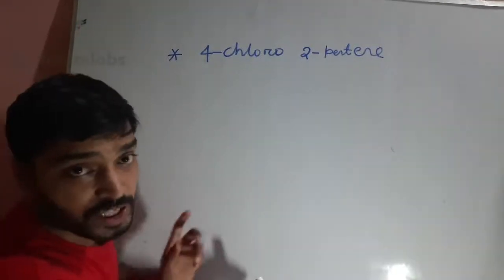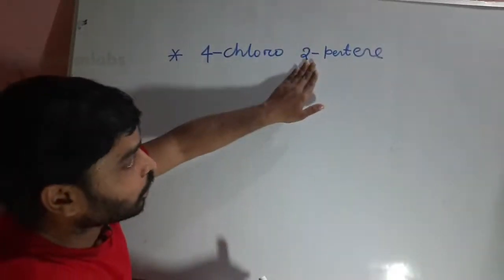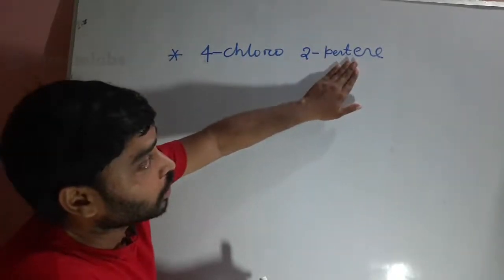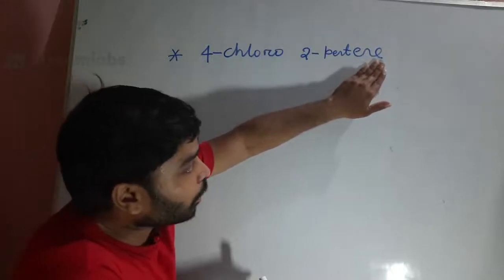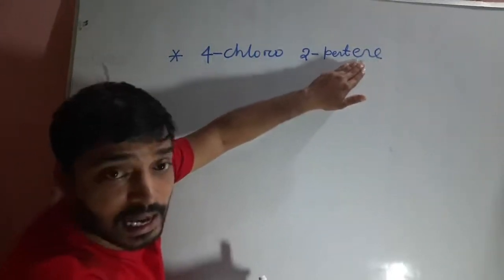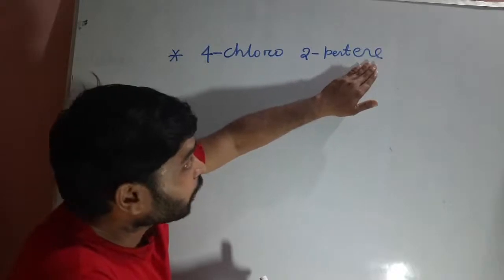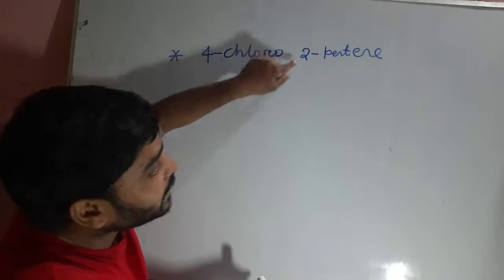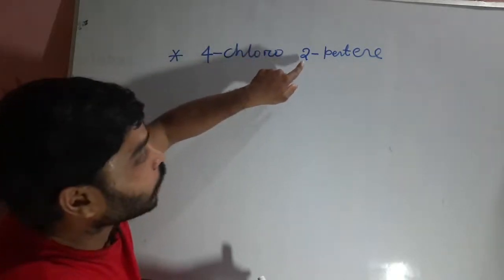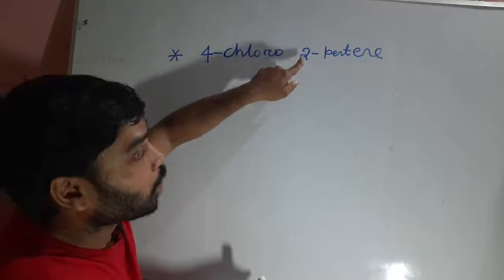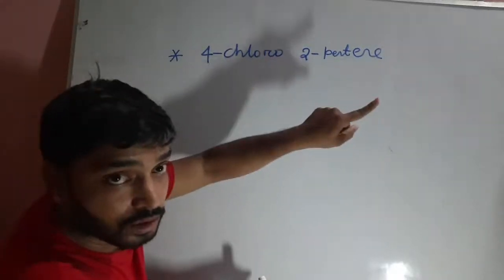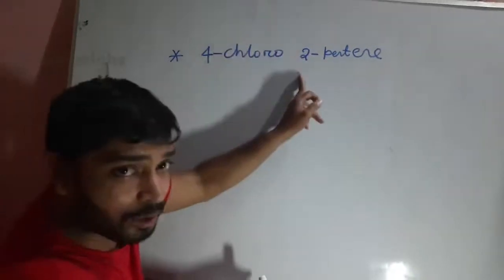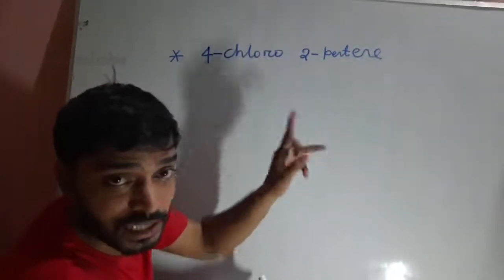What I told in the previous question: if there is a number or locant before the double bond position, you should remember the double bond is present from that carbon, that locant expresses the carbon number, to the next carbon. That means here the double bond is present between the second carbon and the next carbon, that means the third carbon.